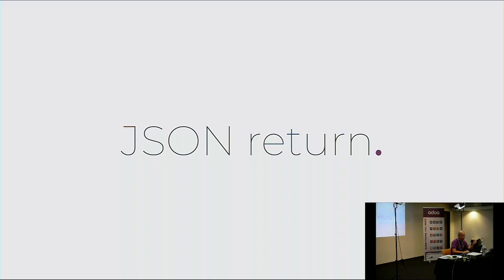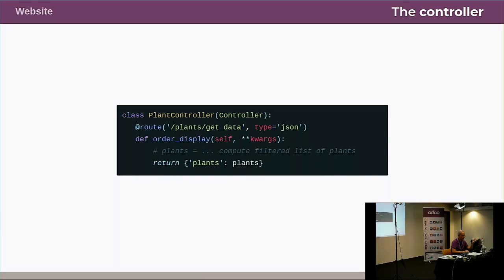You can also return JSON. So let's say that you do an AJAX call from your JavaScript, and you prefer to receive JSON. Simple. Again, it's just a key that you specify, and then depending on what the return type is, it will transform it automatically into JSON format.